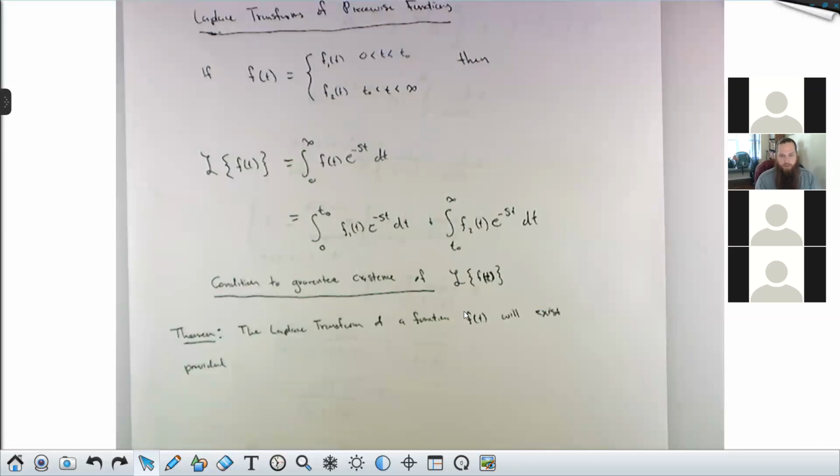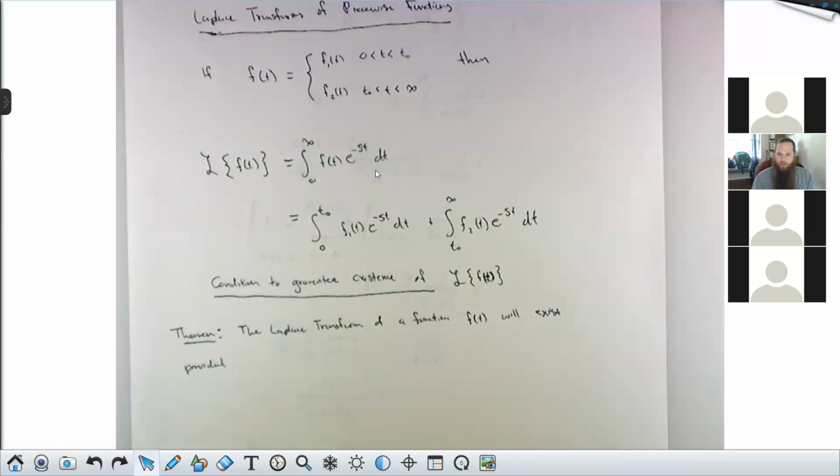Now, it's not f of t that needs to go to 0. It's the function you're integrating, which is f of t times e to the negative st. So if f of t itself goes to 0, that's certainly enough to guarantee that this integral converges, because the e to the negative st will drag it down. If f of t is a constant, that's enough to guarantee this integral converges, because the constant would pop out, and the integral of e to the negative st will converge as long as s is positive.